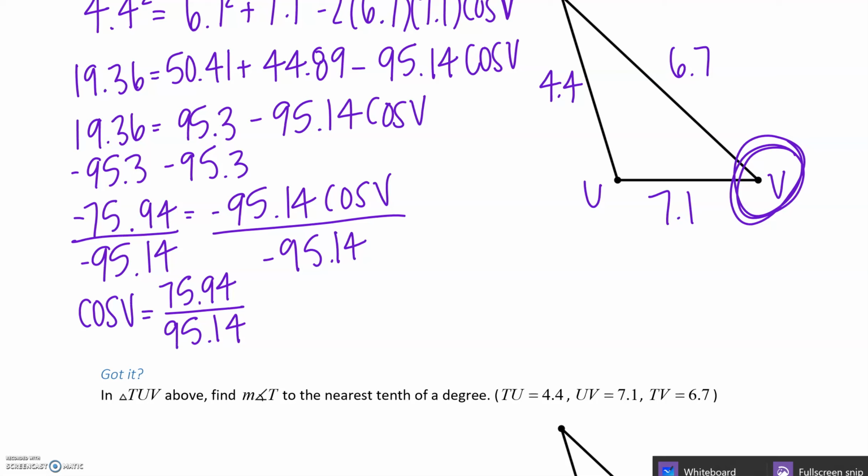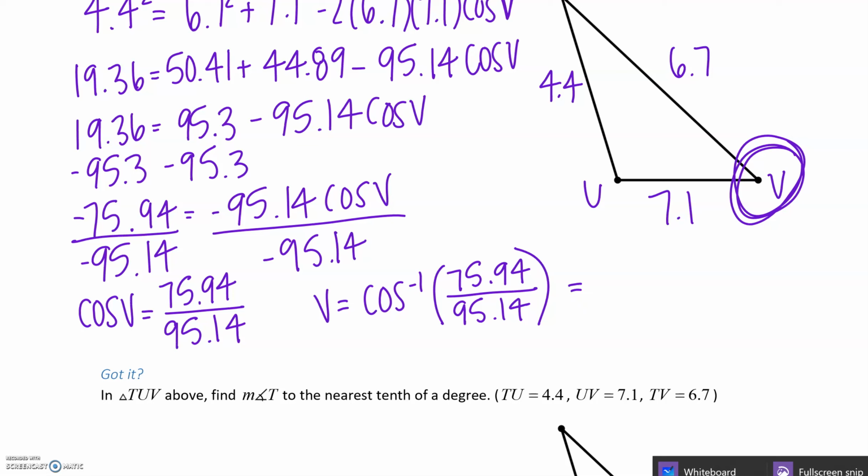So to get this V by itself, we are going to have V equals the inverse of cosine of that 75.94 over 95.14. So our V, when we put that into our calculator, is going to be 37 degrees, 37.0 degrees, okay?